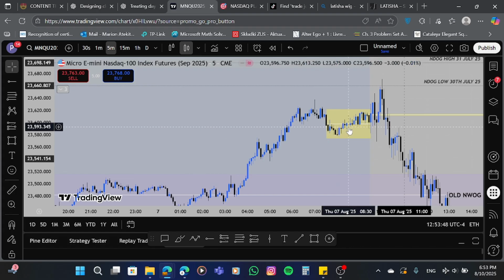And remember, we have news here as well as Trump speaking at 10 a.m. That is about here. We have Trump speaking at 10 a.m. So it's not a random coincidence that price decided to consolidate right before the open and before Trump's speaking.